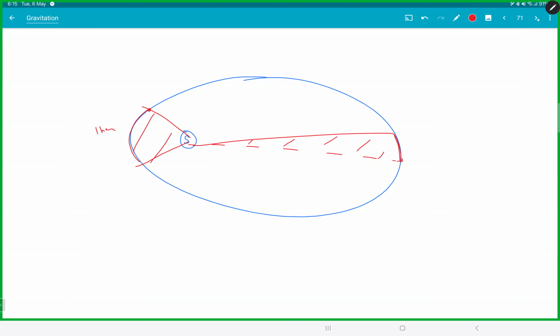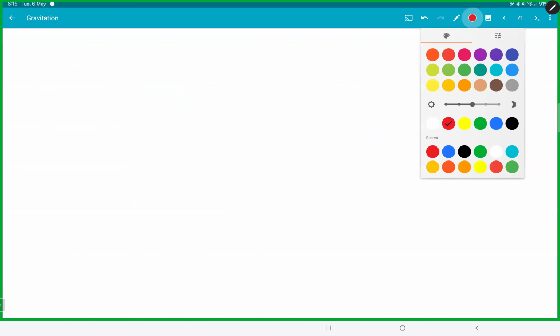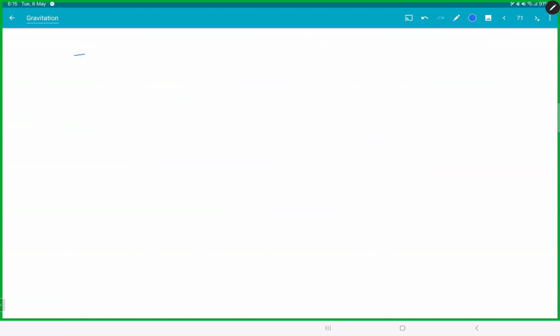If you're far, r is big, velocity is small. If you're closer, r is small, but velocity is more. So the product r cross v dt will always remain constant. So we found out that the area covered per second is constant. So from here, how will you get the time period? Do I know the area of an ellipse?